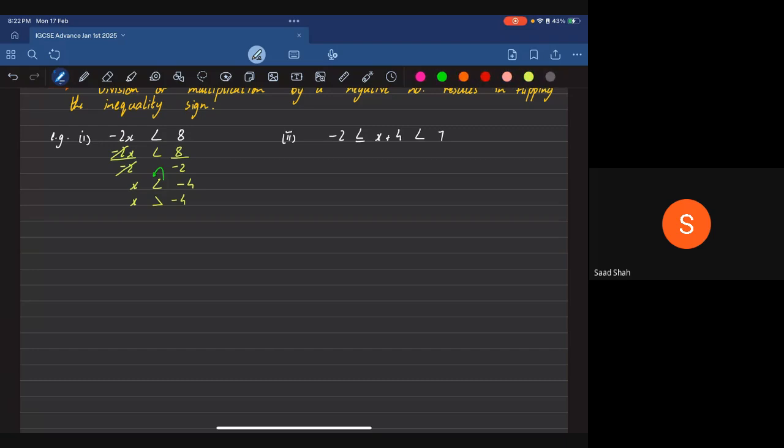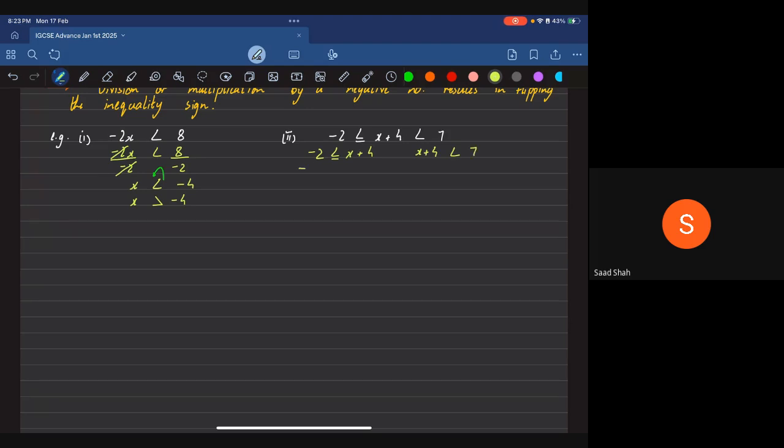When this type of situation occurs, you're going to break it in two halves. So it's going to be minus 2 and x plus 4, and it's going to be x plus 4 and 7.